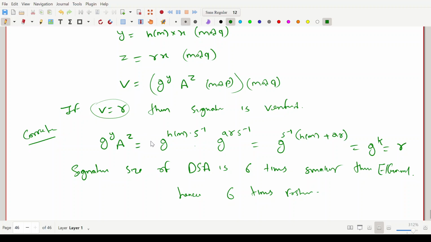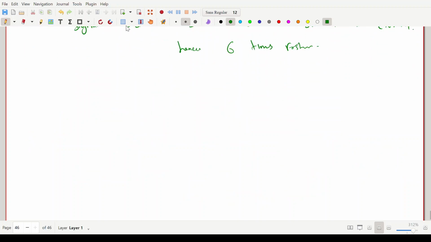Okay, so next let us see the elliptic curve digital signature algorithm.